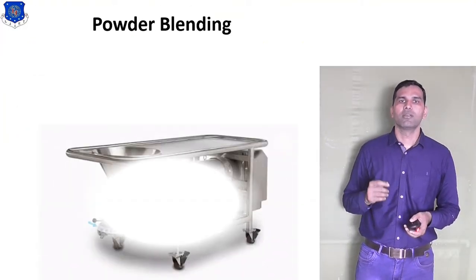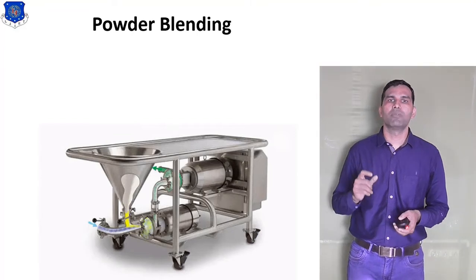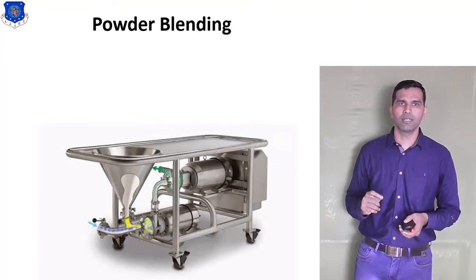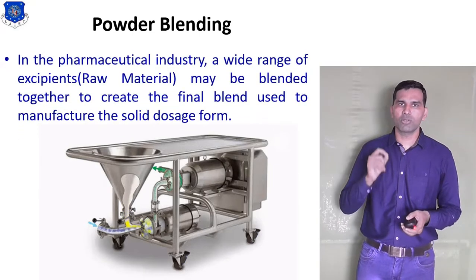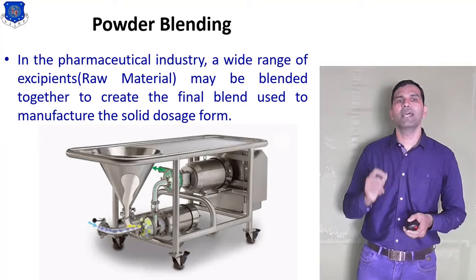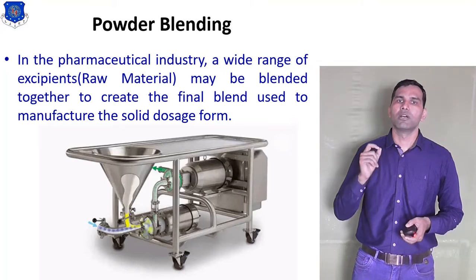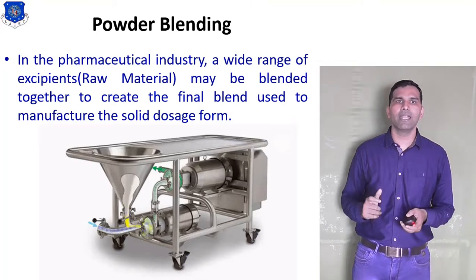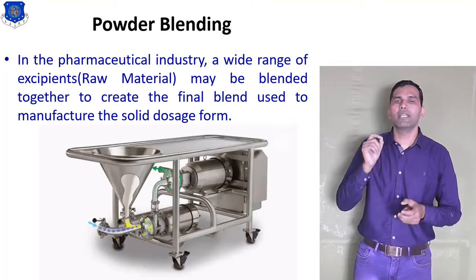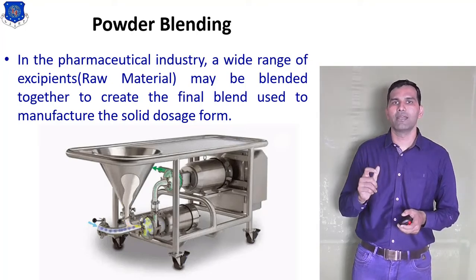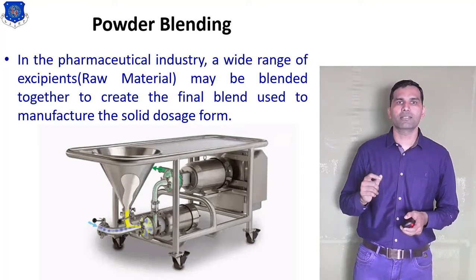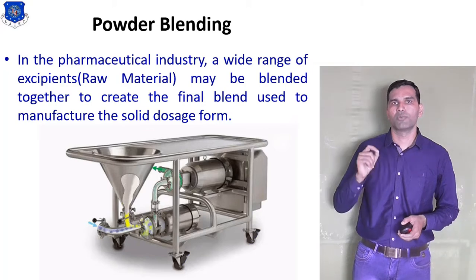Now the second important step is powder blending. In the pharmaceutical industry, a wide range of excipients, that means raw materials, may be blended together to create a final blend used to manufacture a solid dose form.